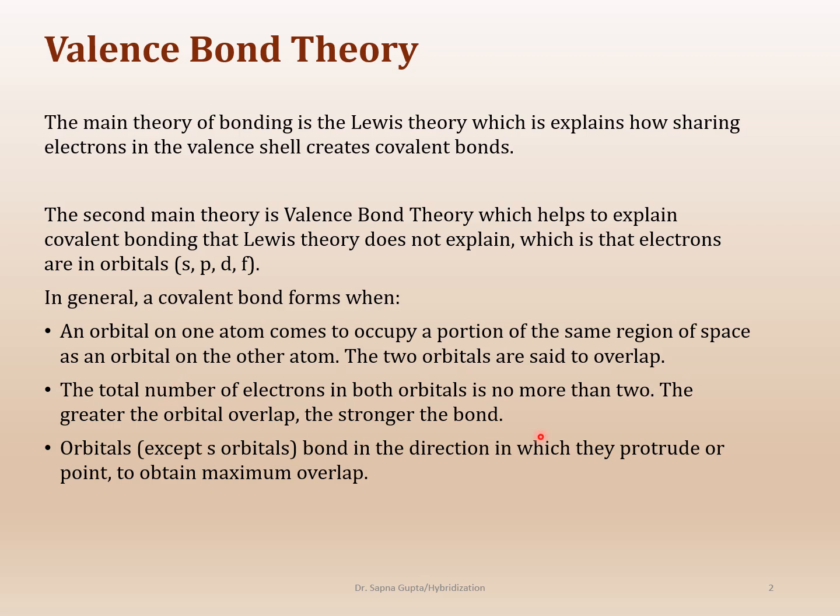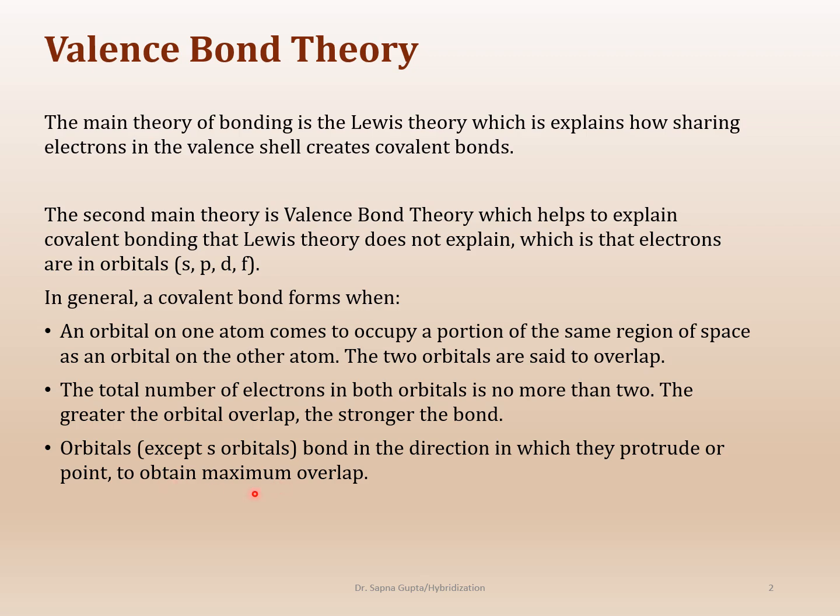Remember that any one orbital will have only 2 electrons, right? So an orbital with one space will have 2 electrons. S has only one space orientation, 2 electrons. P has 3 orientations, so it has 2 times 3, 6 electrons, and so on. So there are those kinds of considerations.